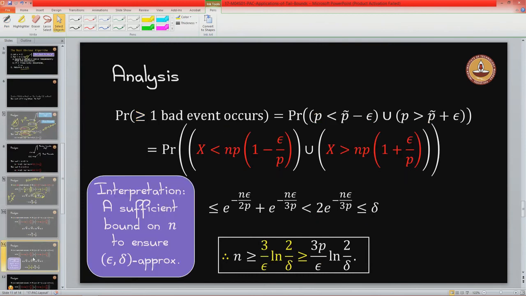So at the end of the day, you've gotten rid of the p here. What you have here is a sufficient bound on n to ensure that you're going to get an epsilon delta approximation. There's of course this typo.